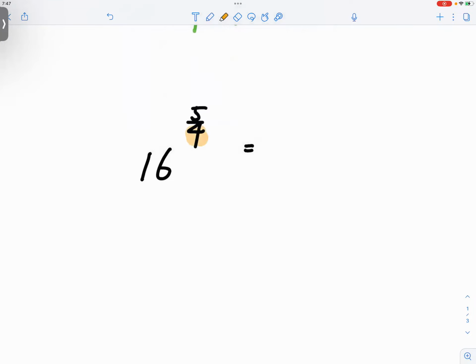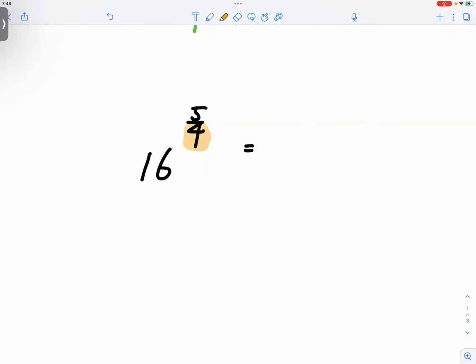You can tell that this is the root, and you interpret the root first. So we ask, what's the 4th root of 16? What multiplies itself 4 times to get you 16? 2, right? So the 4th root of 16 is 2.